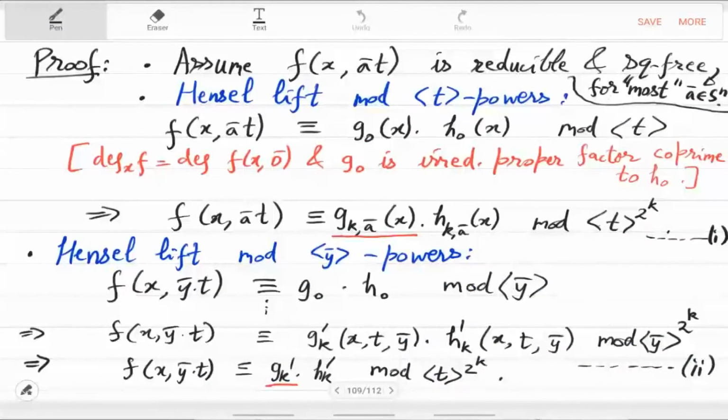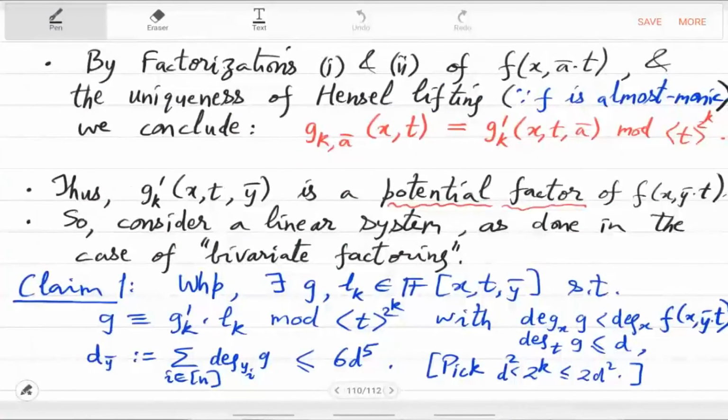That is what we started with. So if f x comma a bar t factors for most a bar, then we have shown that Hensel lifting will give you this gk prime for most a, and from that we have deduced that you will get a gk prime with formal y bar also, and from that you will get a g.